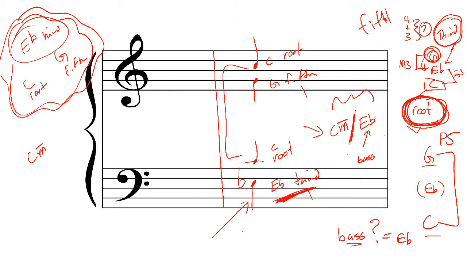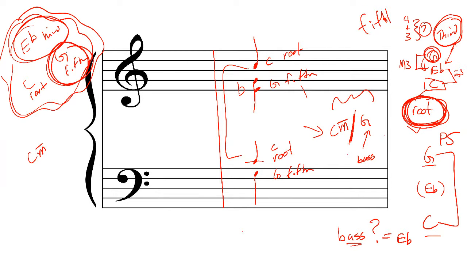And if E flat is in the bass, that is called the first inversion. If I change this chord up and the lowest sounding note is the fifth of the chord, now G, that would change the C minor slash, we are now hearing C minor with G in the bass. Maybe the E flat is there instead.